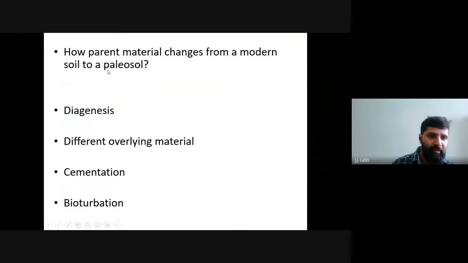And this burial process can induce diagenesis and the reduction of water content and bulk density, and this helps some processes like reduction.